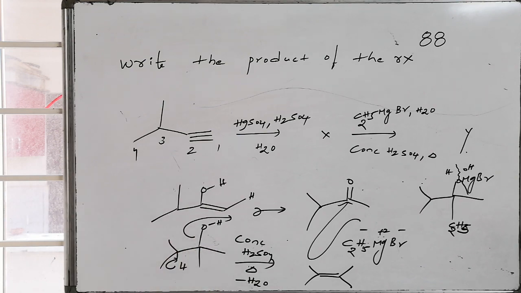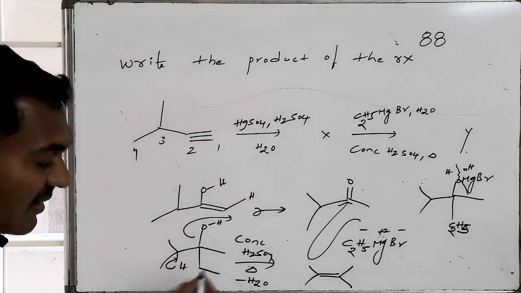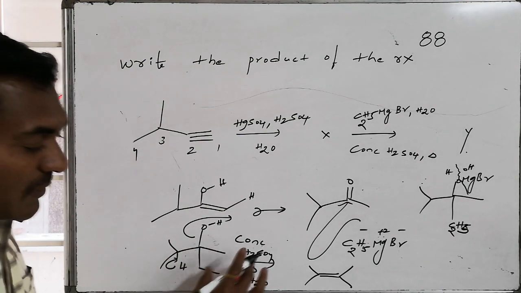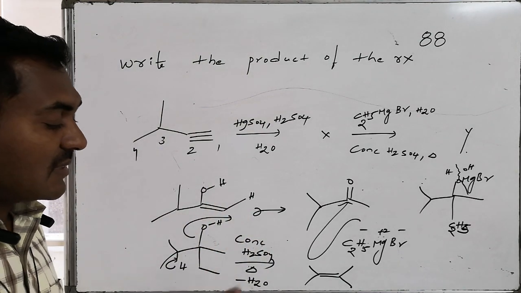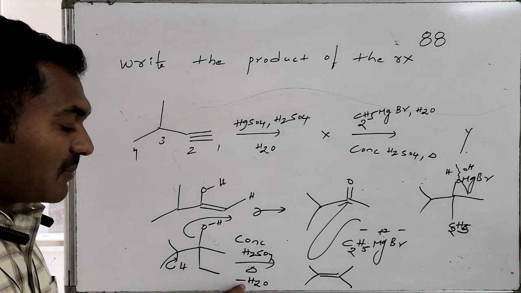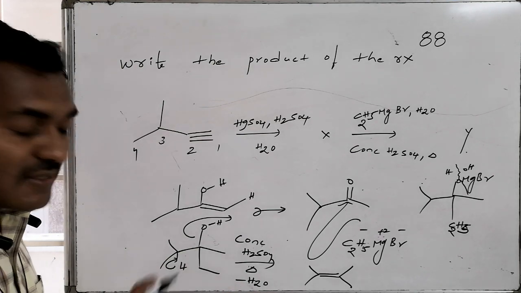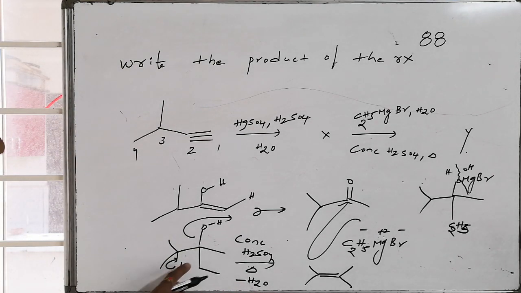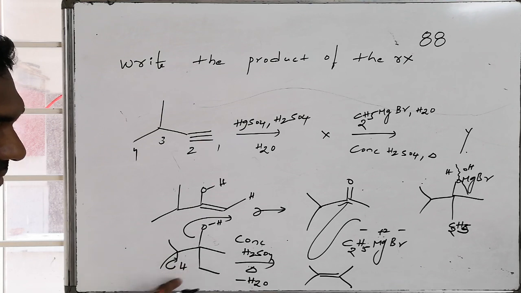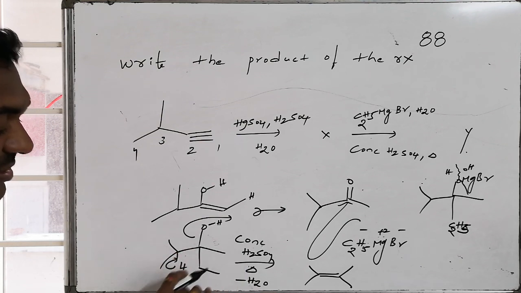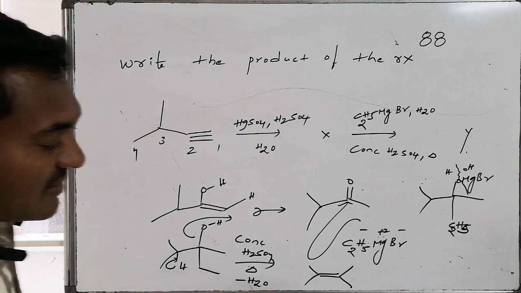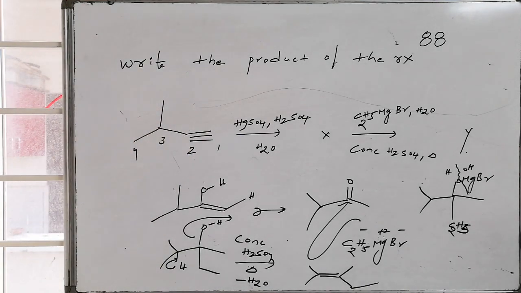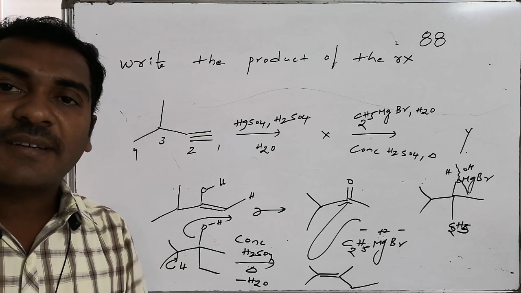So therefore alcohol formation takes place. This is our alcohol with an ethyl group. Now in the presence of concentrated sulfuric acid followed by heating, elimination, dehydration takes place, that is elimination of water. This is E2 elimination, and in this elimination, more substituted alkene formation has more chance to form. Hence the compound formed will appear like this. This particular type of compound formation takes place.